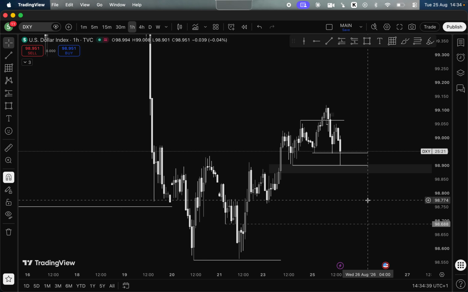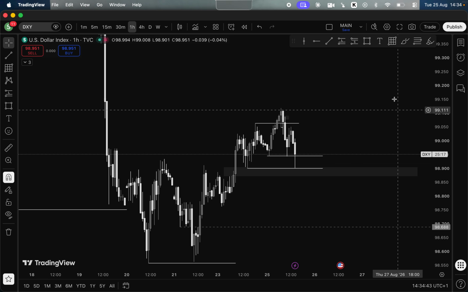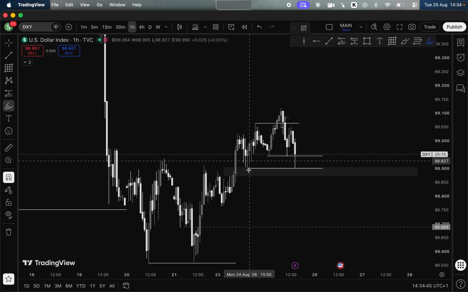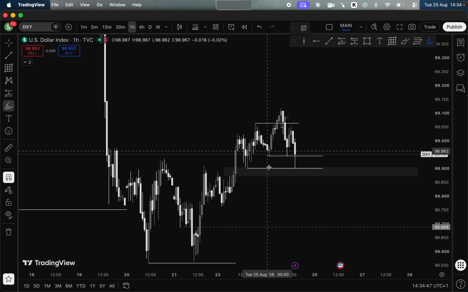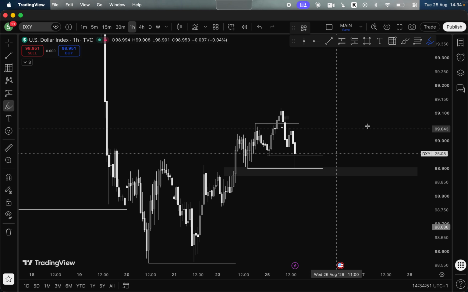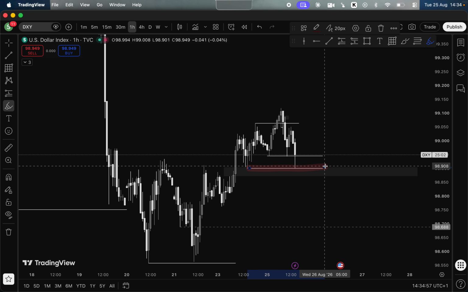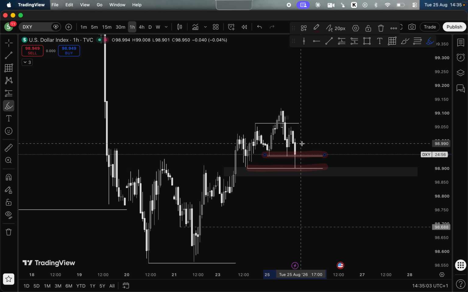So it's just about being patient, really. Until we close, ideally, I'm not going to be bearish on the DXY for the rest of this week. For me to be bearish for the rest of this week, price will need to close below here. If we close below here, depending on how the candle looks, I'll be thinking about it.